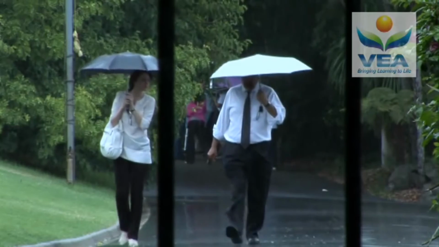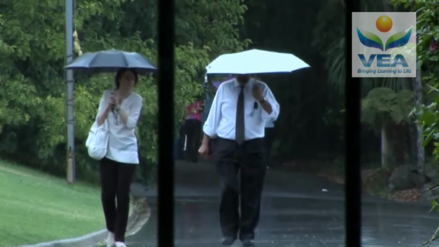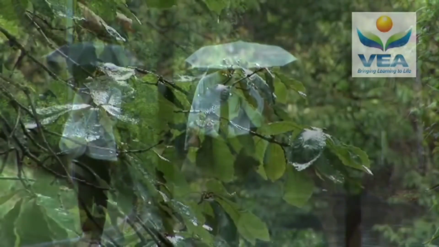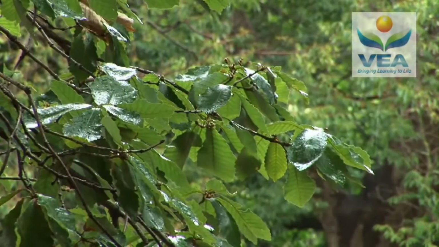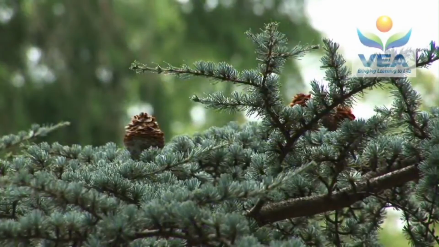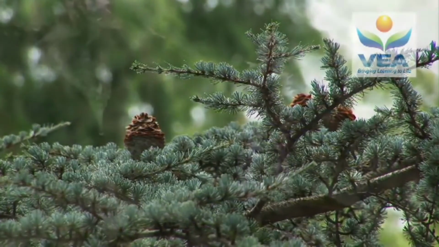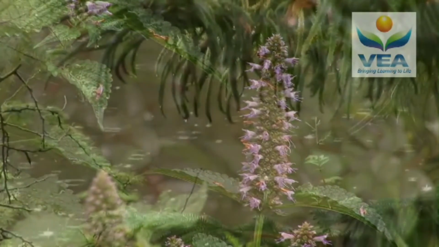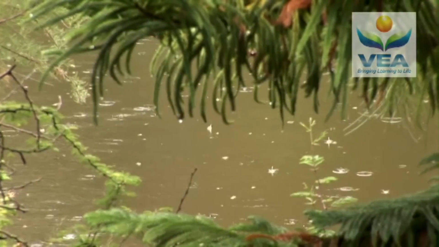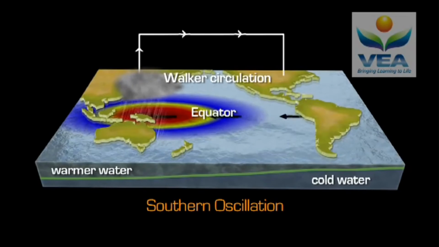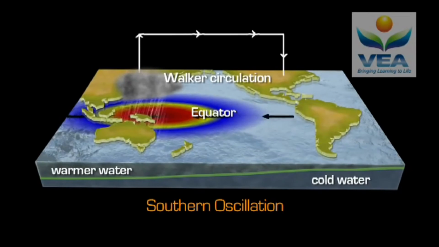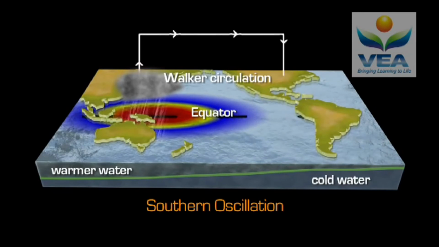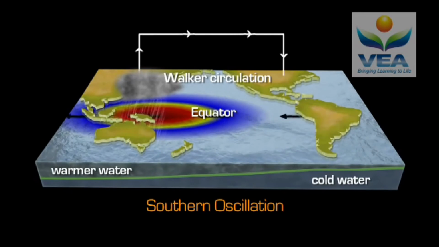Think back over the past 5 years. Has there been a variation in the amount of rainfall in your area? If you think there has, it makes sense. Australia has one of the most variable rainfall patterns anywhere in the world. The reasons for this are many, but the most prominent is the southern oscillation, a climactic phenomenon which sees a cyclic variation of atmospheric pressure at sea level across the eastern and western regions of the southern Pacific Ocean.